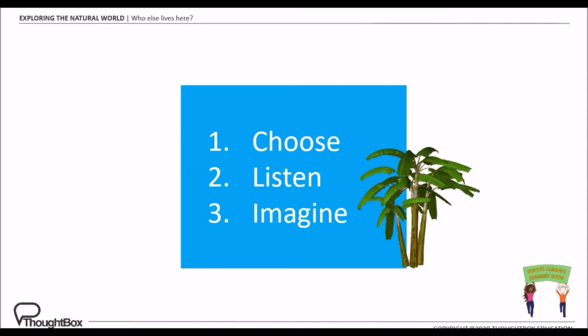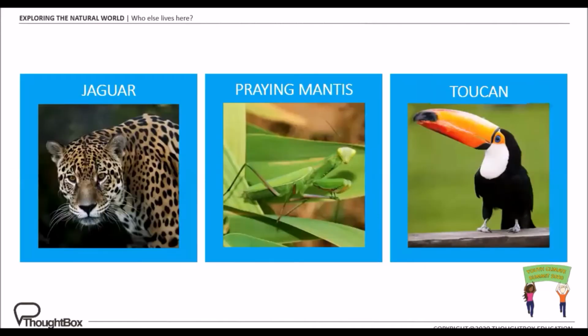Then, you will close your eyes and listen to some of the sounds you are likely to hear if you lived there. Whilst you're listening, I will ask you some questions so you can start imagining that you are that inhabitant and you live in the rainforest. So let's choose our inhabitant. Would you like to be a jaguar, praying mantis, or toucan?